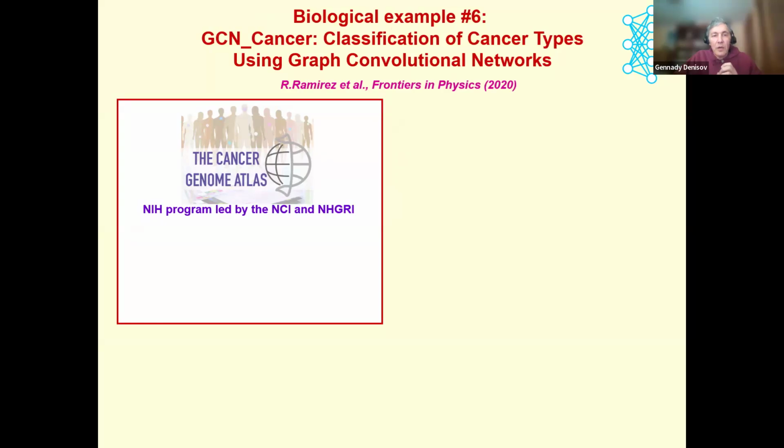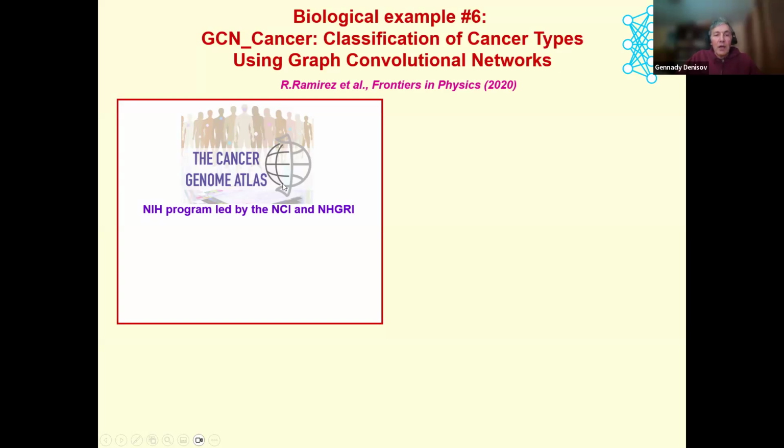The purpose of this example is to classify samples between a normal and 33 different cancer types. The data for this example are the same as in class number 3, and this is RNA-seq data that came from the Cancer Genome Atlas, or TCGA.